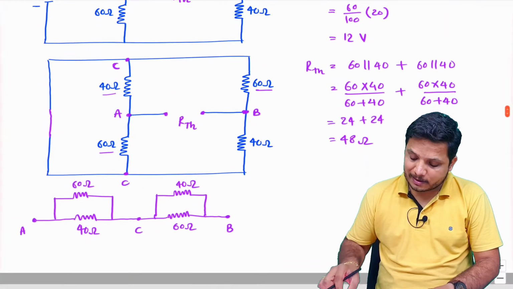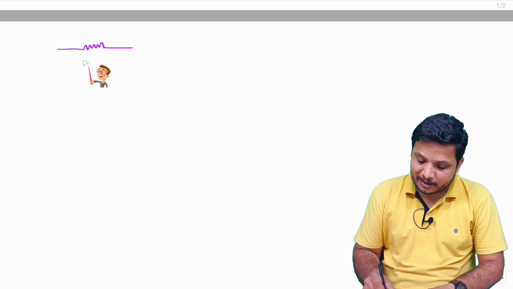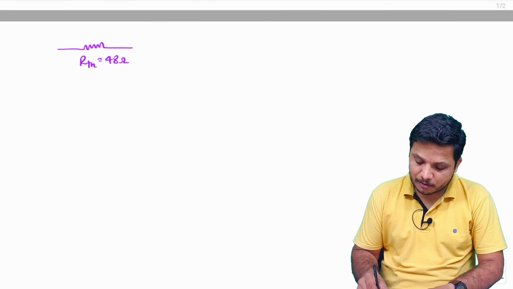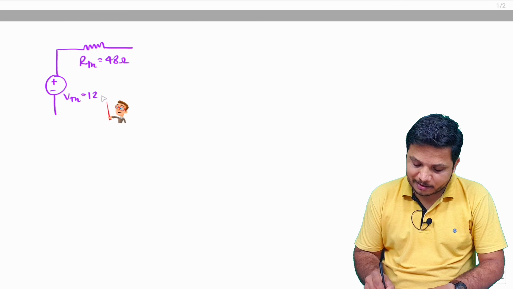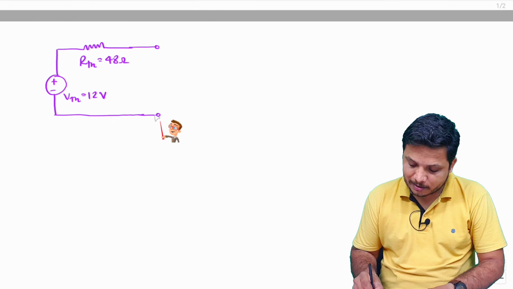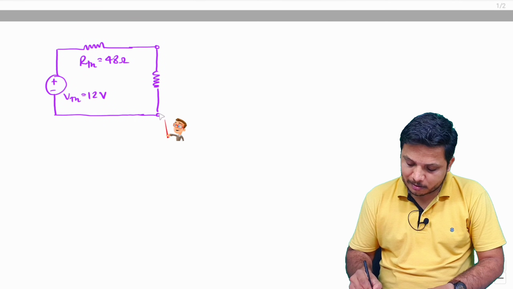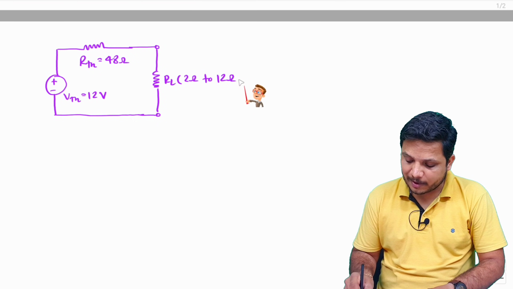So now what I'll do is I'll remake this circuit, right. Here first I'll be considering RTH, that is the equivalent Thevenin's resistance, and that is 48 ohm, and I'm having the equivalent Thevenin's voltage, that is VTH, and that is 12 volt, and that is connected across the load, right, and the load is changing from 2 ohm to 12 ohm.